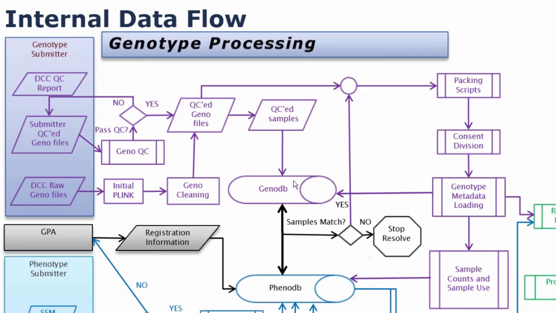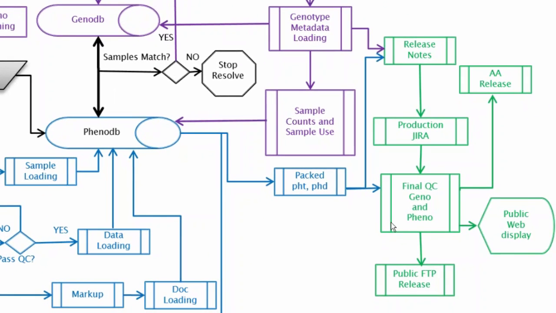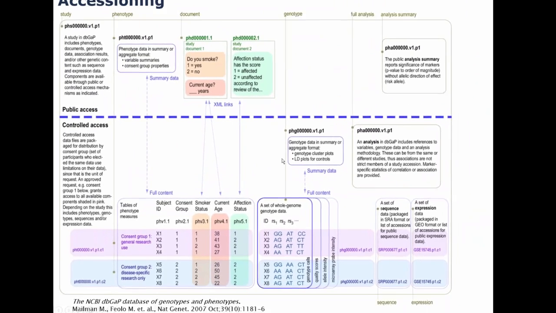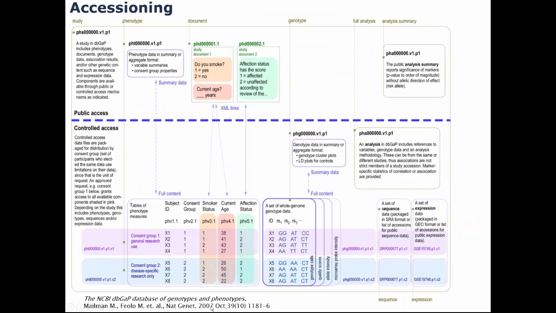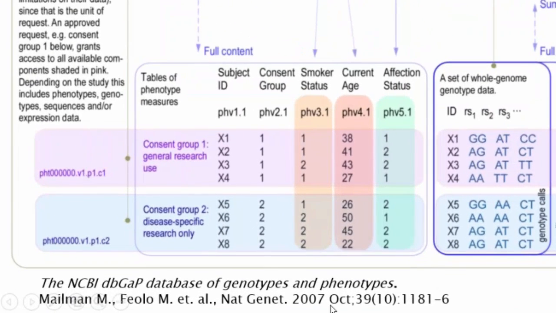Once everything's consistent within the submission, we start our process to get things all ready and packed and loaded, and then we release out to controlled access for the individual level data, and then the public summaries go out on the web.